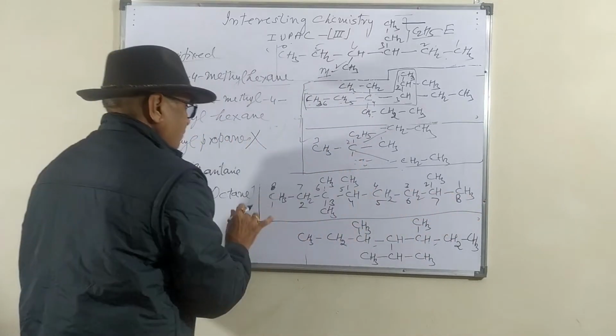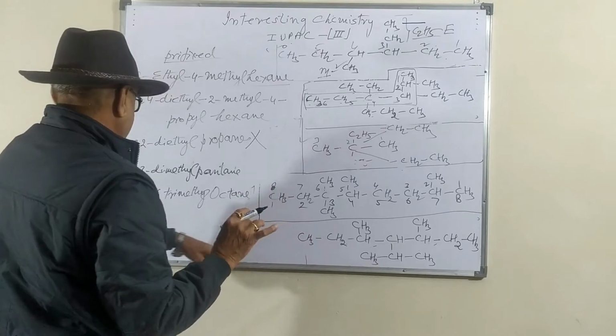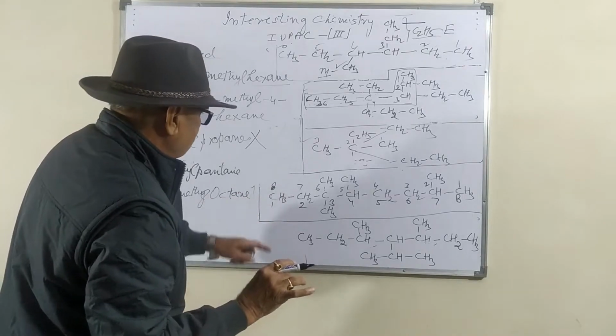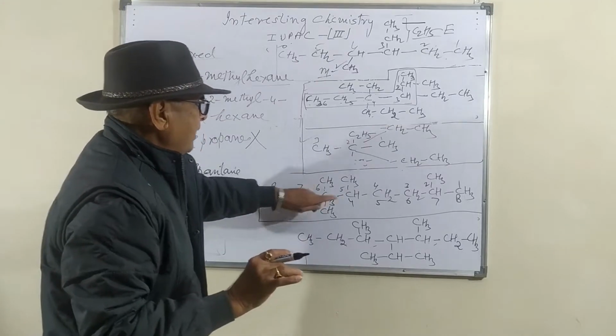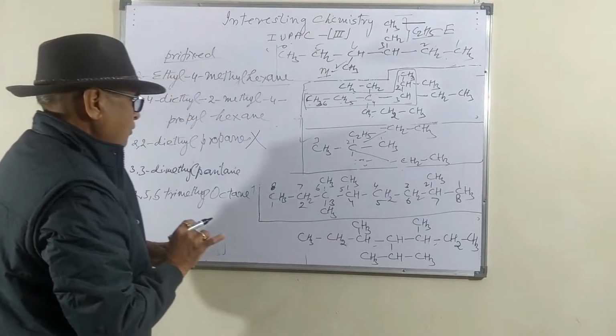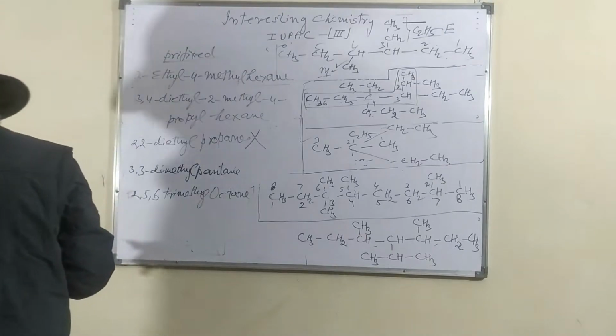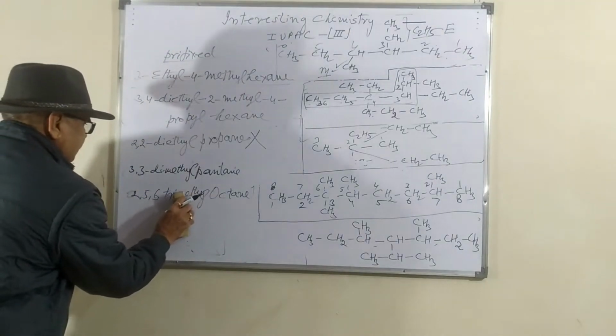the name of this compound will be, sorry, here are 1, 2, 3 and 4. There are 4 methyl groups. So again I will correct my mistake here.